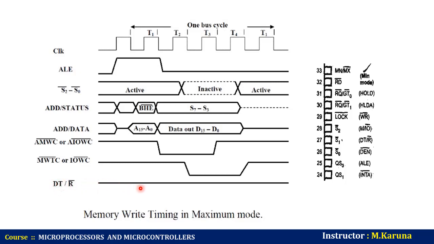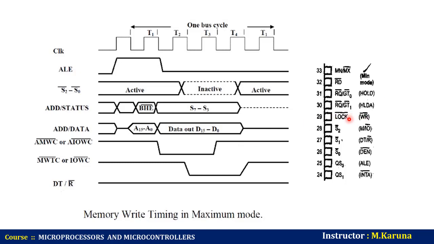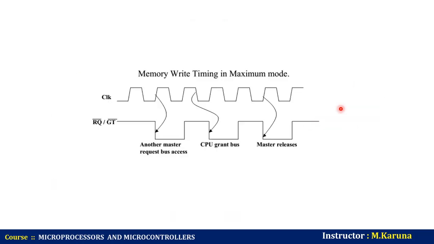Also in maximum mode, there are request grant 0 and request grant 1. These signals are related to DMA operation. To perform a data transfer operation, DMA requires the bus, so the processor needs to release its bus to the DMA. At that time DMA asks the processor for the bus.